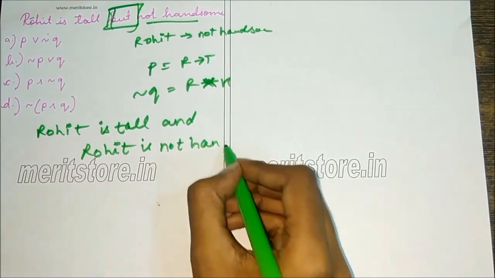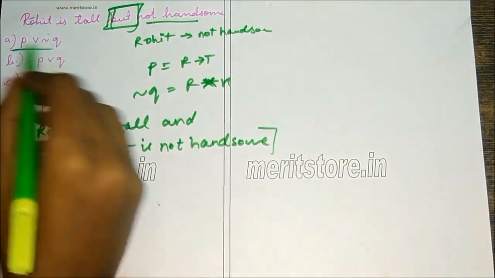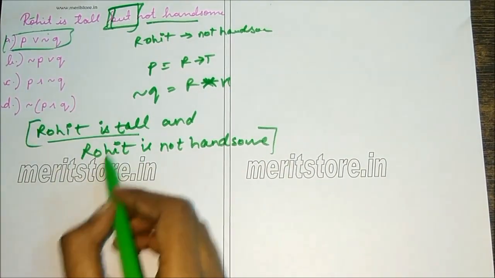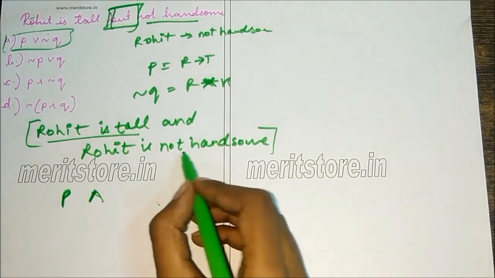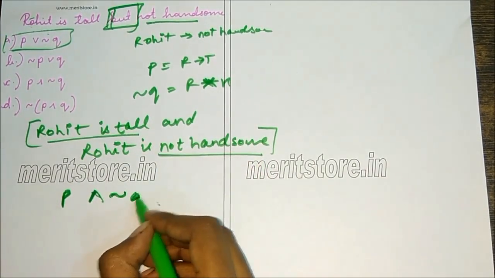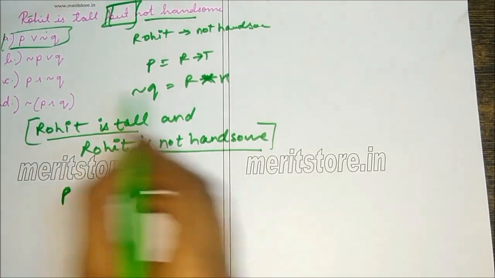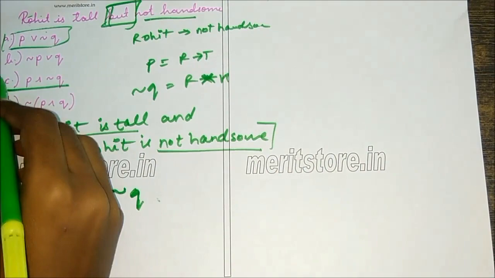It means the same. Now we convert this sentence into symbolic form: P, Rohit is tall, and negation of Q, that is Rohit is not handsome, which is option C, P and negation Q.